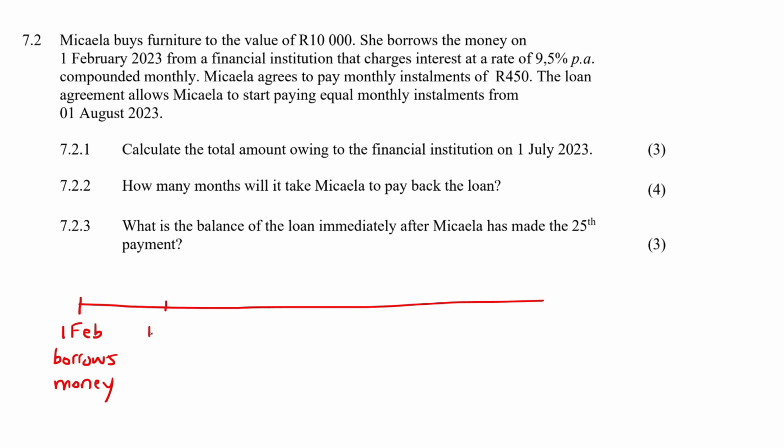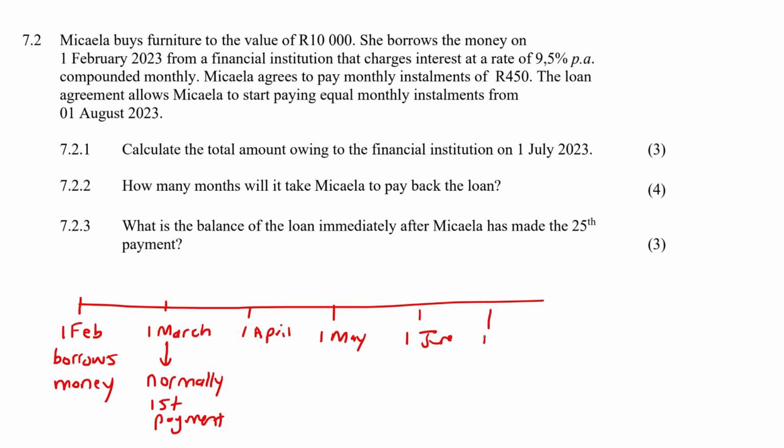So usually we would make our first payment over here. Then on 1 April you would make your next payment. So this would be your normal first payment, this would normally be your second payment, third payment, June, 1 July, and 1 August.